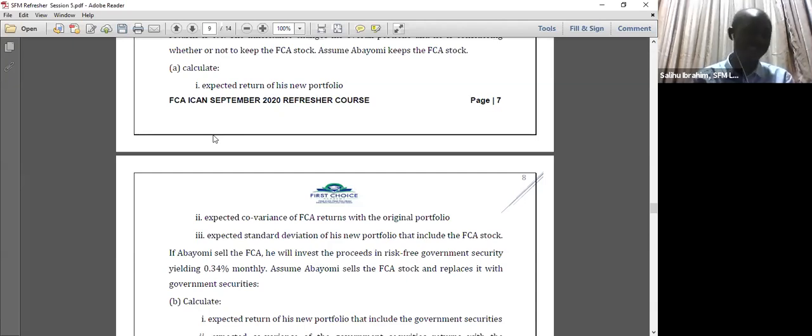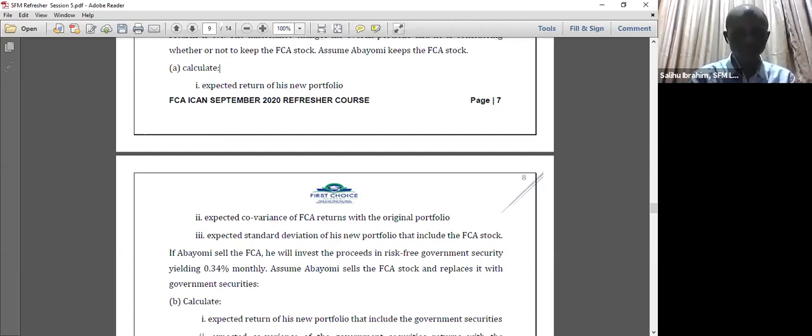Now, if Abayomi sells the FCA stock, he will invest the proceeds in a risk-free government security, yielding 0.34% monthly. Assume that Abayomi sells the FCA stock and replaces it with the government security.